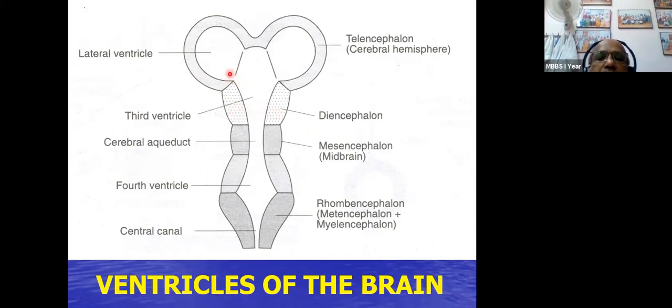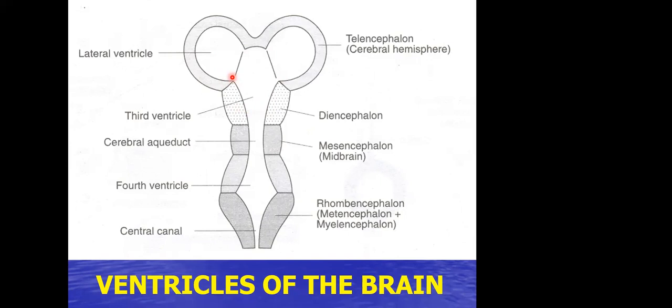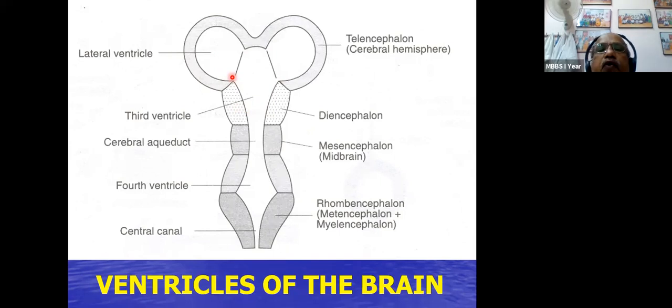That opening is called the interventricular foramen. Any other name given? Foramen of Monroe. Very good. Foramen of Monroe is the name given to that interventricular foramen, as it is between the lateral ventricle and third ventricle.